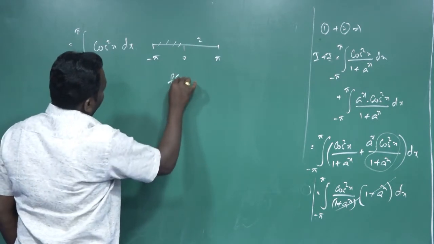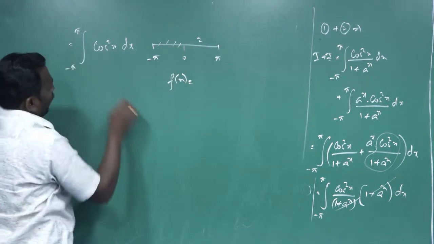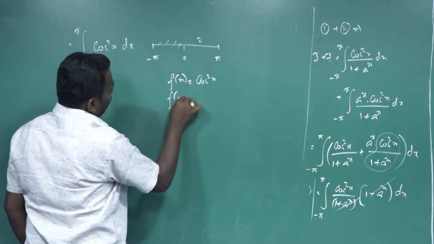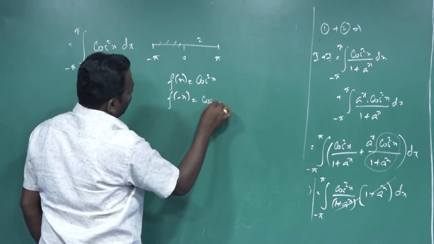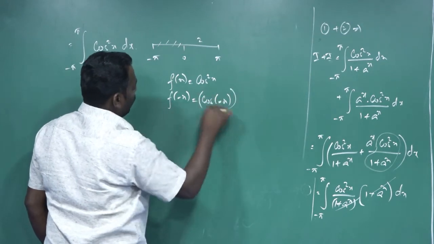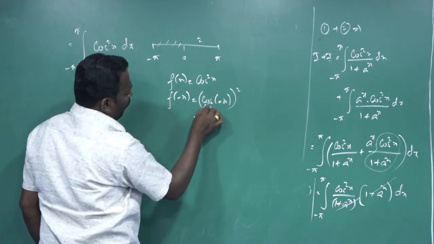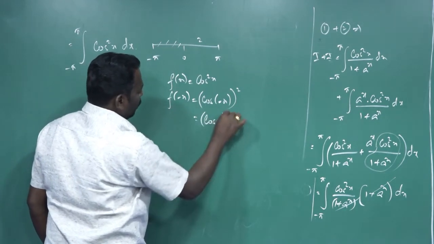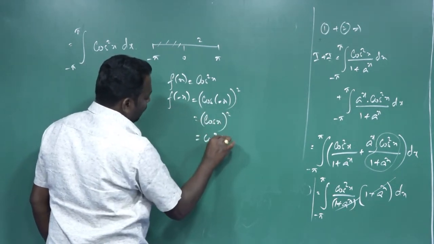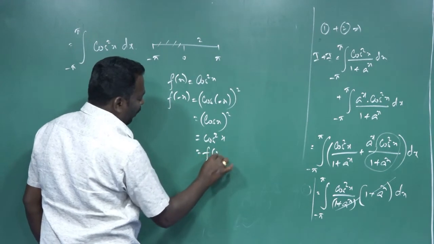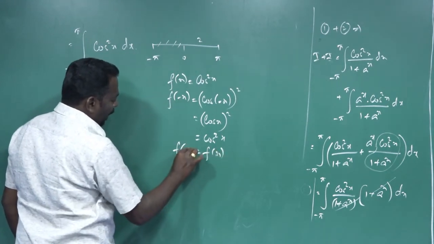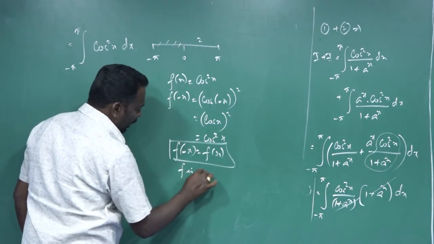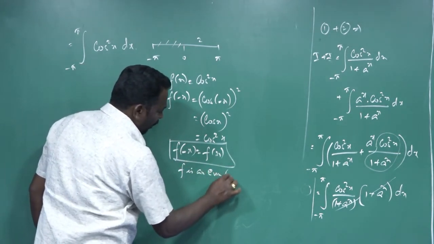Consider the function f(x) equal to cos²x. Now f(-x) equals cos(-x) whole squared, which is cos x whole squared, equal to cos²x, which is f(x). Therefore f(-x) equals f(x), and the function is an even function.